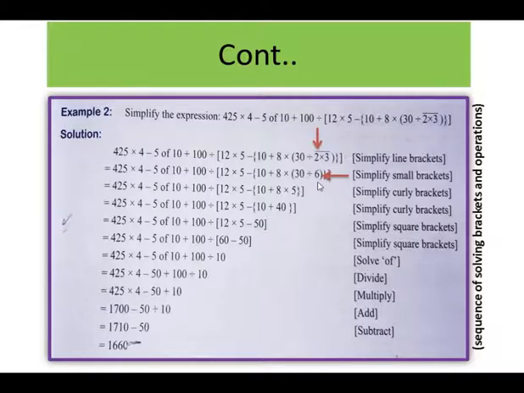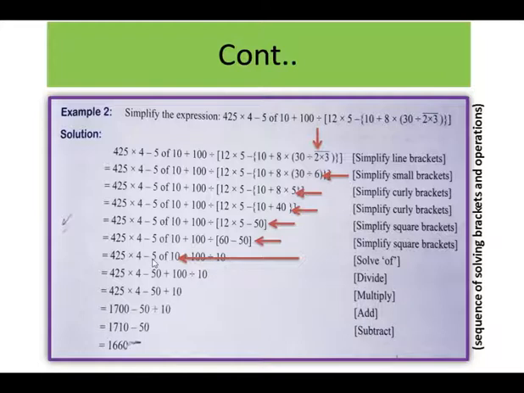Then we have solved the small bracket, 30 divided by 6, so we have got 5. Then we have solved curly brackets, we have got 50. Okay, then in 2 steps we have taken curly brackets and then square bracket. This square bracket has been solved out. So first we have solved the multiplication, 12 into 5 we have got 60, and in the next step 60 minus 50 we have got 10.